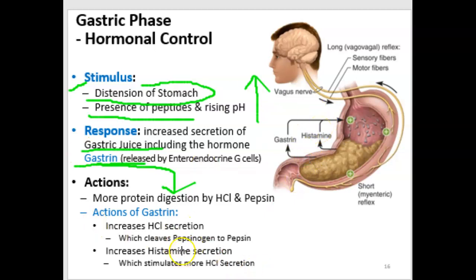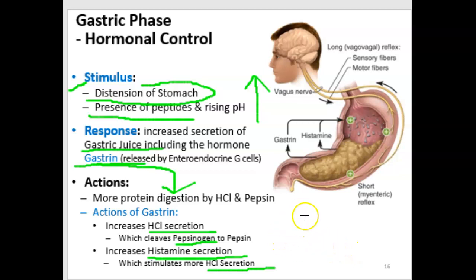travel all over through the blood, and then stimulate those cells in the gastric pits to make more hydrochloric acid and make more histamine. And the reason histamine is so important is because that stimulates even more hydrochloric acid production.